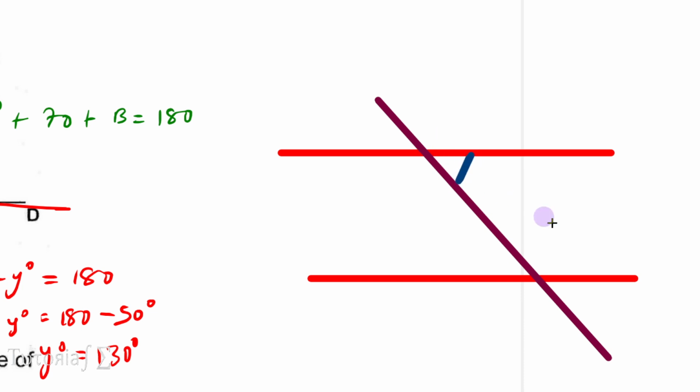This angle and this other one, we'll say A and B. These angles that are facing each other add up to 180. So A plus B is equal to 180. You can write that down. Whenever you have two lines that are parallel, this statement is always true: angles that are facing each other add up to 180.